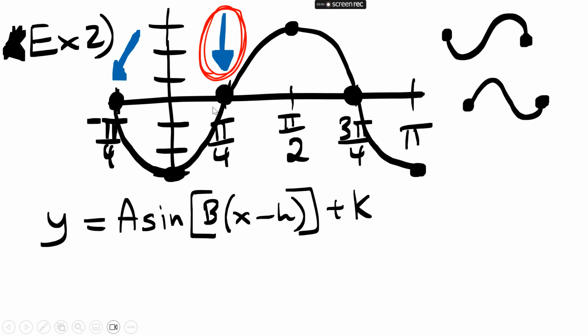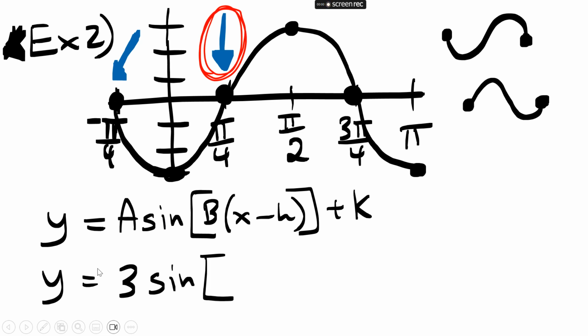If that is my starting point, let's see. How far does it go up and how far does it go down? 3, is that right? And this is because I'm starting it and sine goes up initially, it's a positive 3.